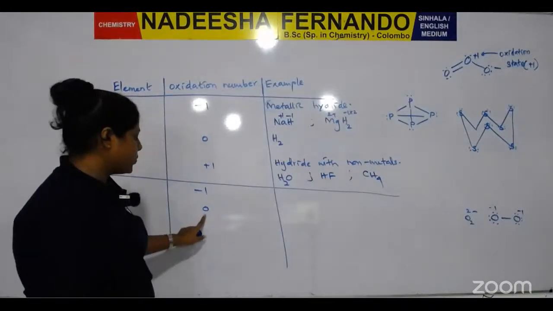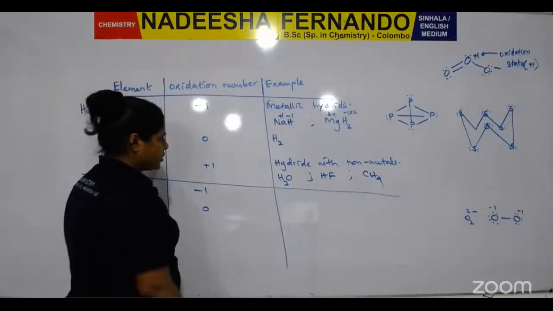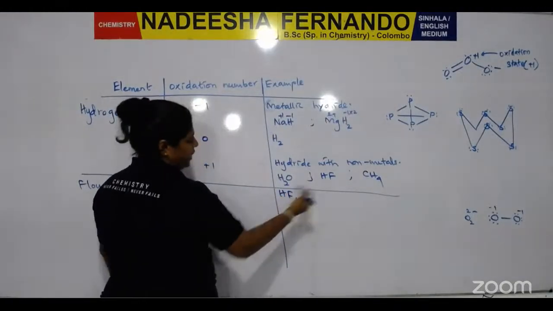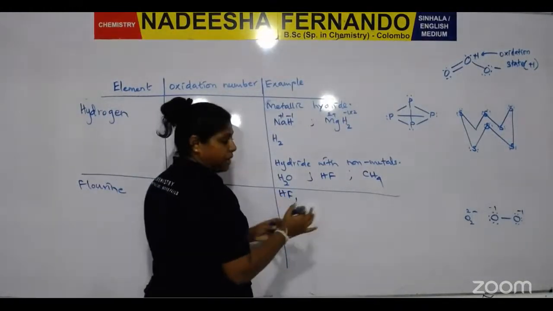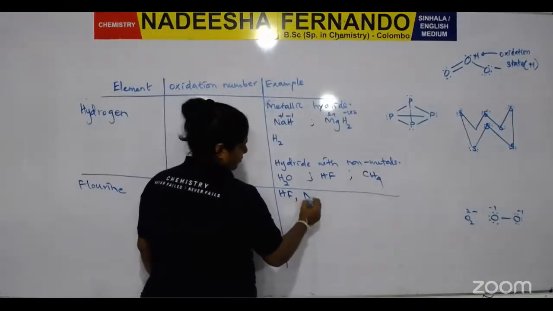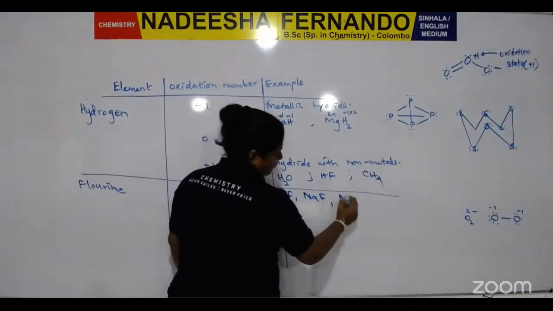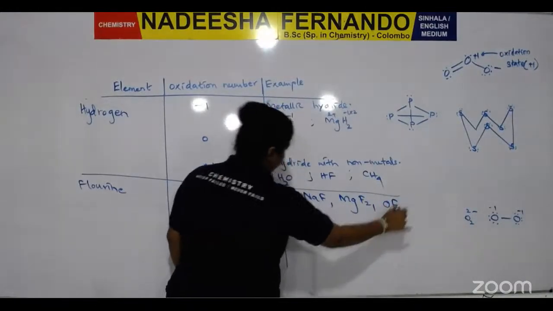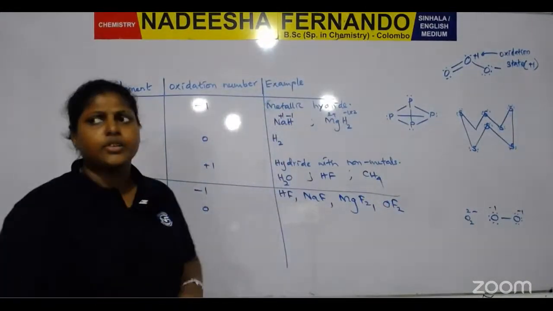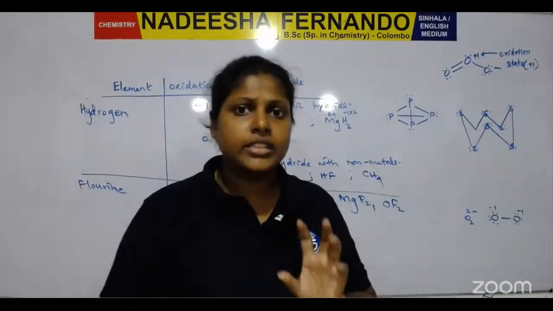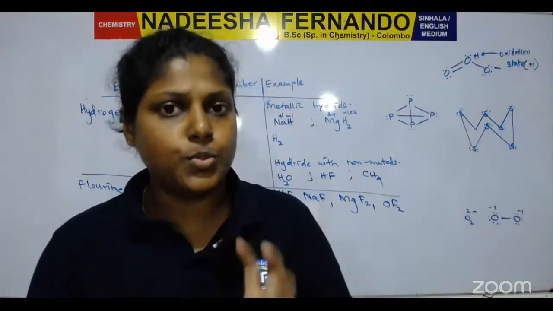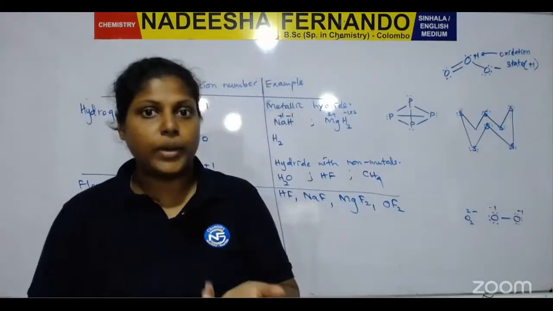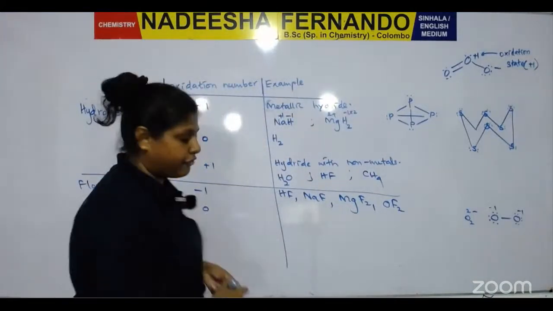Because of the highest electronegativity value, fluorine always takes -1 when we combine with other elements. HF, NF, MgF2, OF2. Because of the highest electronegativity, fluorine always takes -1 in compounds. 0 can be taken when it forms F2.